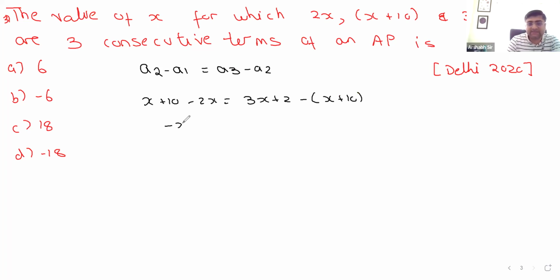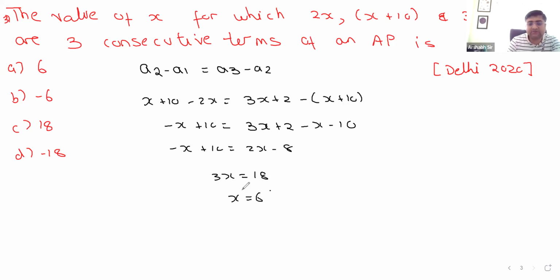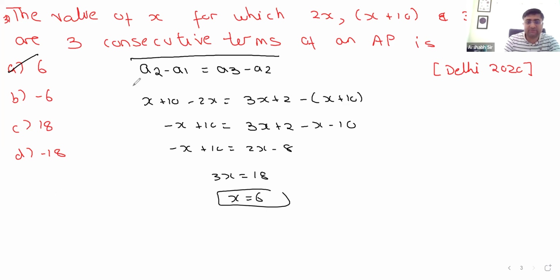So we have minus x plus 10 is equal to 3x plus 2 minus x minus 10. So minus x plus 10 is 2x minus 8. So we get 3x is equal to 18, x is equal to 6. This is clear. So I hope these type of questions are clear to all of you. तो कभी भी आपको दिया हुआ 3 consecutive terms of an AP है, आपको कुछ नहीं करना. This over here beta is the main concept.